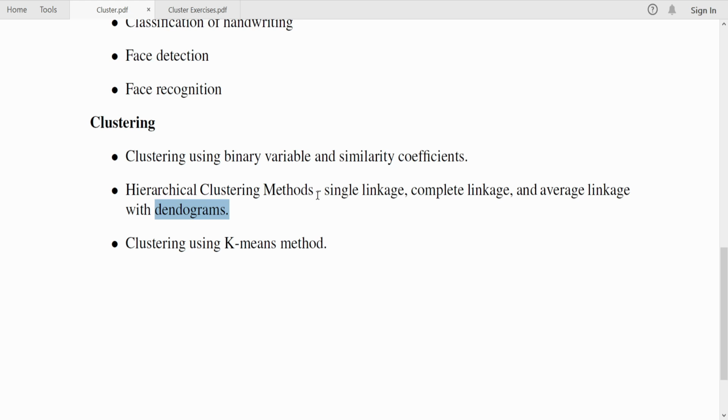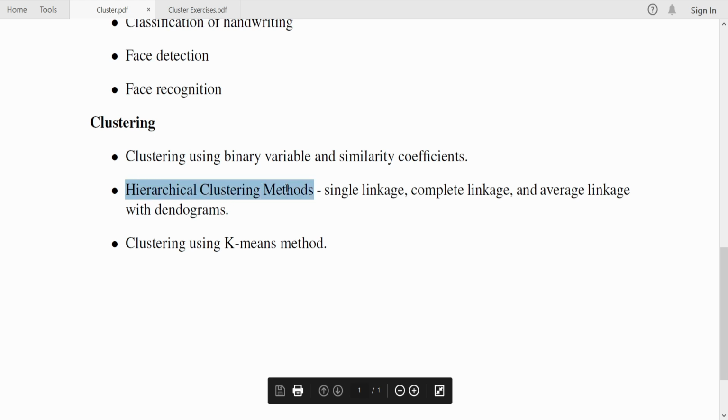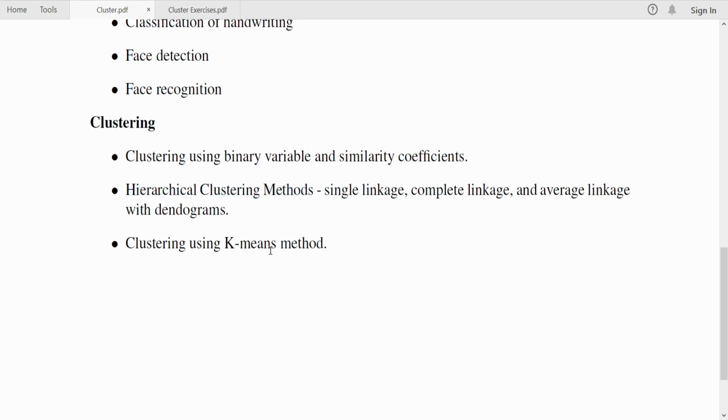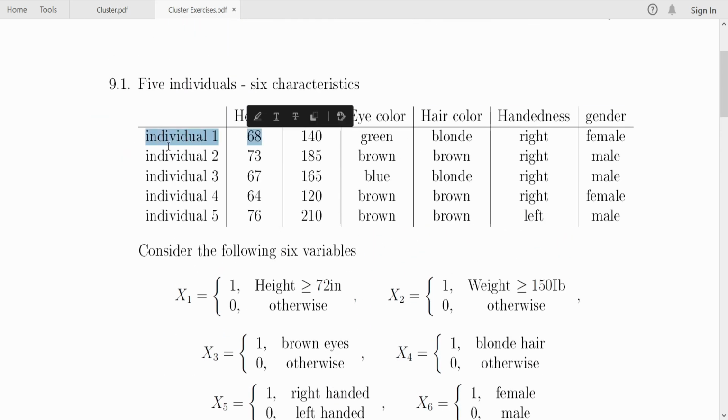So what actually is this hierarchical clustering? In this case, we either start with all individuals. So for example, if we had 5 individuals, like here, we start with all 5 and then we group them together. So we start with all 5.